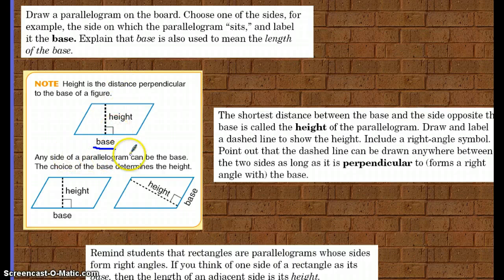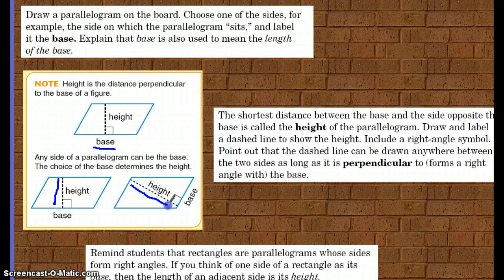Any side of a parallelogram can be the base. The choice of the base determines the height. So the shortest distance between the base and the side opposite the base is called the height of the parallelogram. A dashed line is to show you the height, and that's what it's showing you in all 3 here. This is considered the height, where it's dashed.